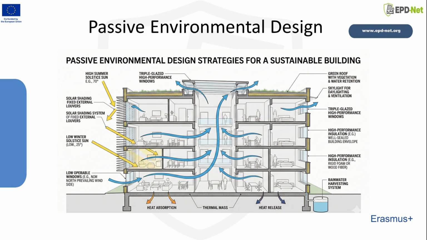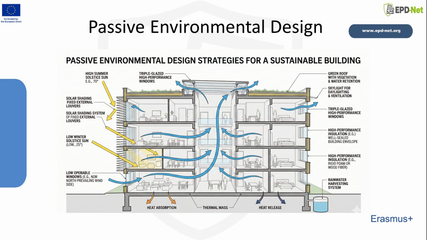Natural ventilation provides passive cooling by taking advantage of prevailing winds, while daylighting strategies reduce the need for artificial lighting. The building envelope, including walls, roofs, and glazing, works as a regulator, managing heat transfer between the inside and outside environment. Site conditions and microclimate also shape how spaces are organized.